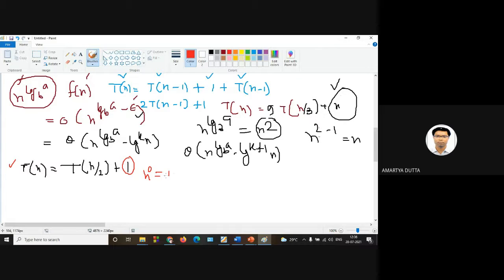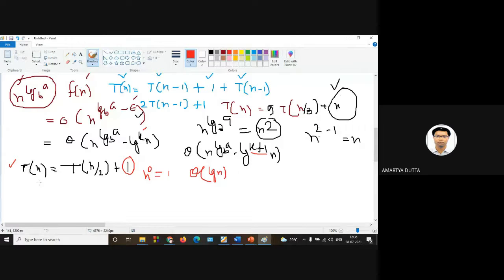Okay. Now if we choose k is equal to 0, then the complexity will be big theta of n to the power log b base a, that is n to the power 0, that is 1. And with k equal to 0, then 0 plus 1 is 1. So log n.